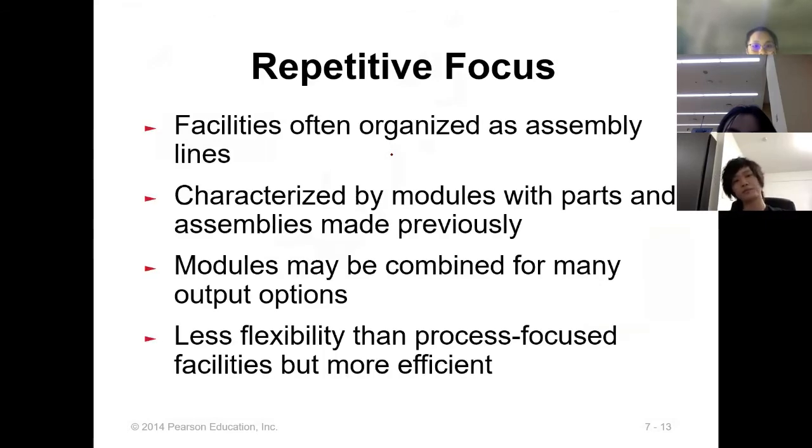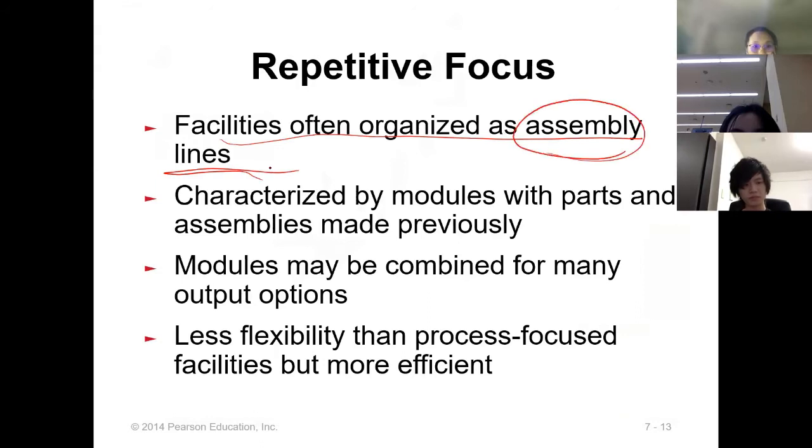Okay, in terms of repetitive process. So in a repetitive process, facilities are organized as assembly lines. The key to remember is the assembly line, and they are characterized by modules with parts. That means there are component assemblies which come into a module. For example, the brake assembly, the fuel tank assembly, and then they just fix it onto the main frame of the product.